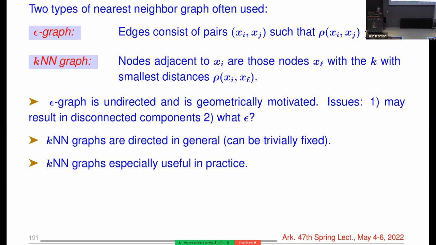So you take a point and you take k, a number, like for example, 10 nearest neighbors of the point. So k-NN graphs are directed, right? Epsilon graphs are undirected. So this is a good property, but they're complicated, and you have to choose the epsilon. So there are advantages and disadvantages to both of these.